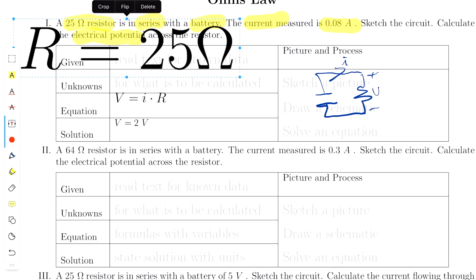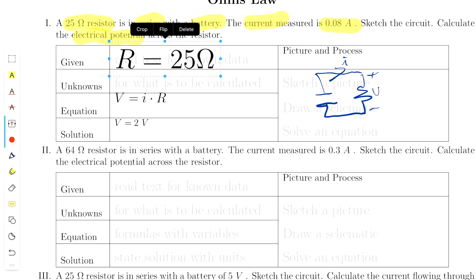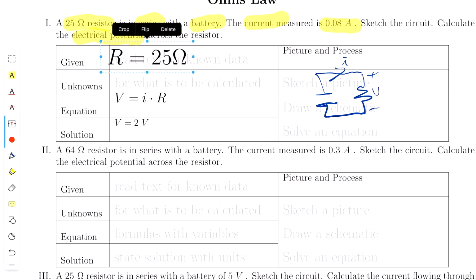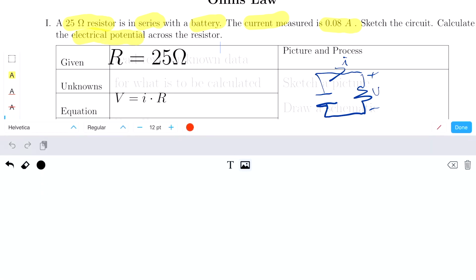We know that there is a current going through the circuit, through the resistor, of 0.08 amps.